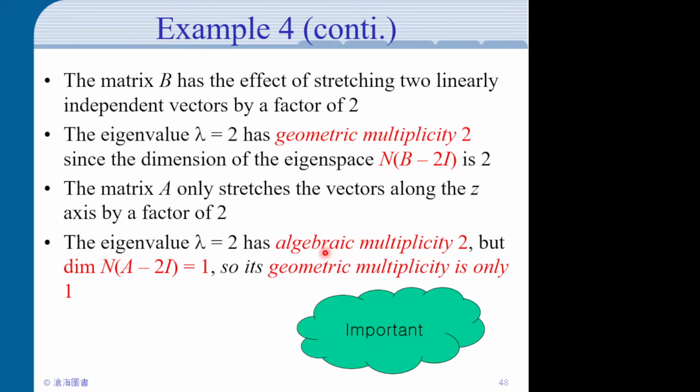Anyway, for the eigenvalue lambda equal to 2, we have the terminology: it has algebraic multiplicity of 2, meaning there are 2 roots in the characteristic polynomial. But its geometric multiplicity is only 1, because there is only one eigenvector.